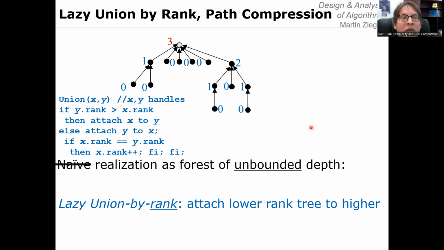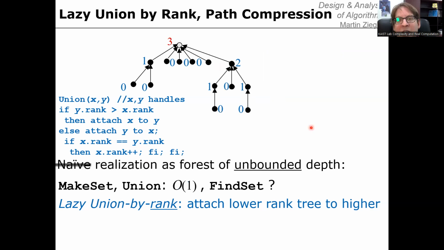So now we've arrived at the opposite kind of balance. Union is now a constant time, but find set can become larger and larger depending on the height. And this is where the other part of the name of the heuristic comes into account, namely path compression. The idea behind path compression is that if the user wants us to find the unique handle to, let's say, this node, then we do need to walk all the way up.